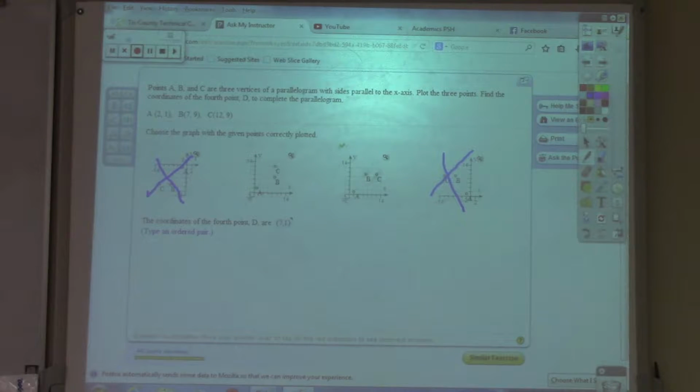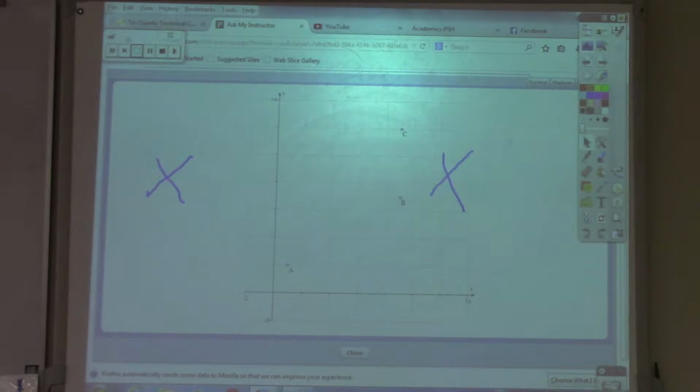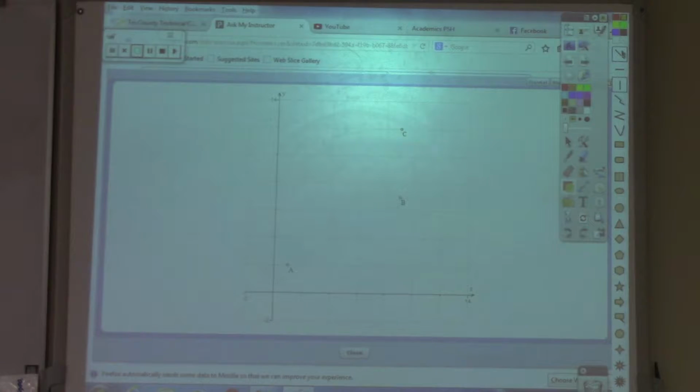All right, so first of all, we need to look at this guy. Let's blow it up where we can see it. Hopefully that's big enough for you. And we're going to take a straight line maker. And we're going to start here and go to there and go from here to there.